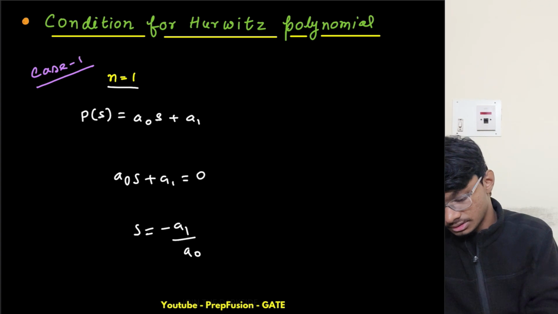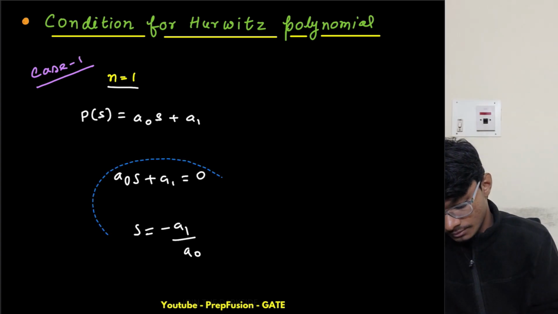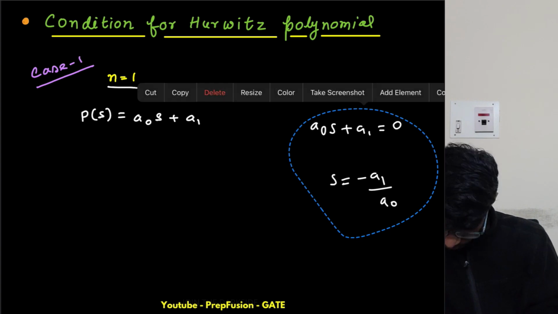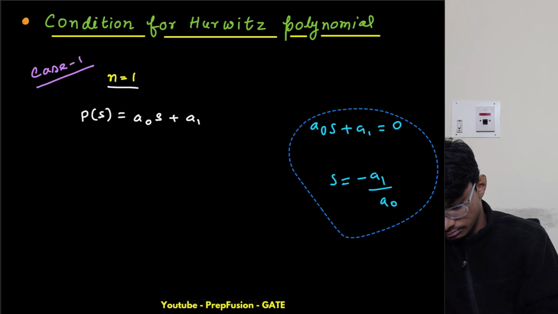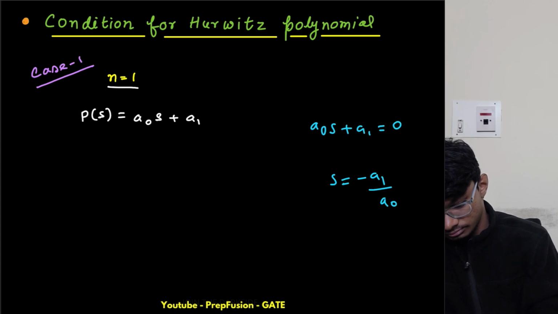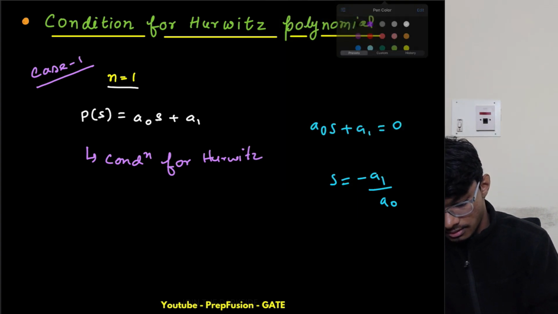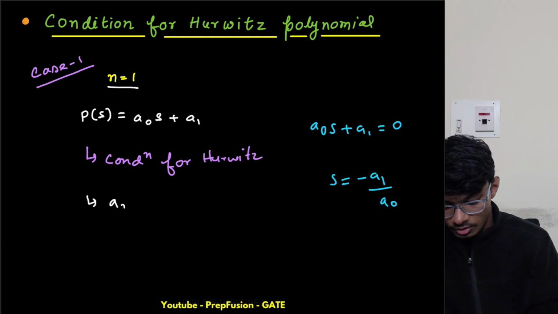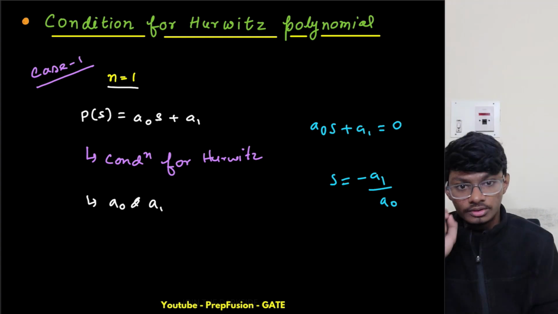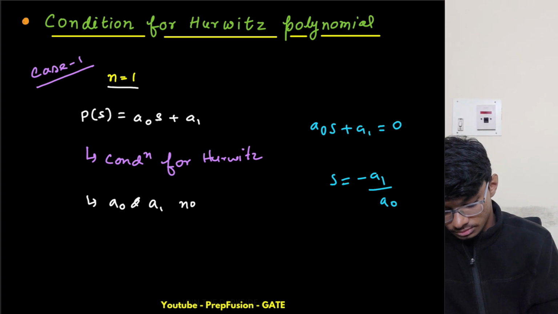So what will be the conditions? Let me write it here. The condition for Hurwitz is that a0 and a1 should not be equal to 0, non-zero.